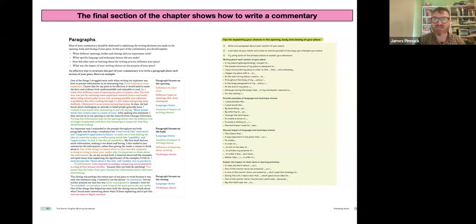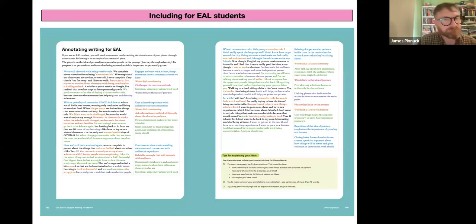So it provides a much more structured and accessible example of the type of thing that students actually need to do. And all of the practical sentence starters and tips for how to engage in this type of writing are set up for students to write a commentary about a single piece they have produced. So that should be much more helpful.